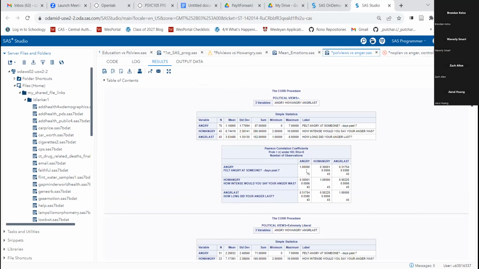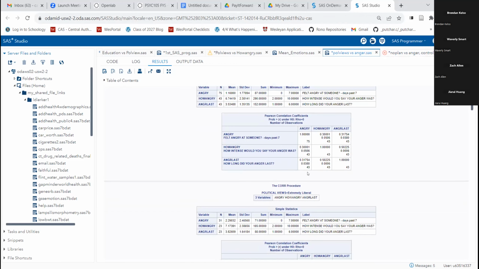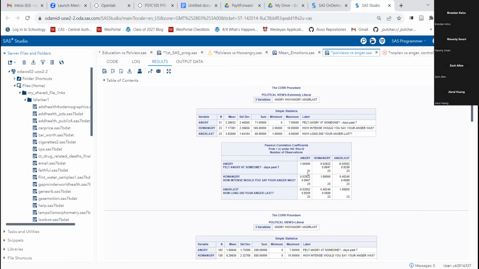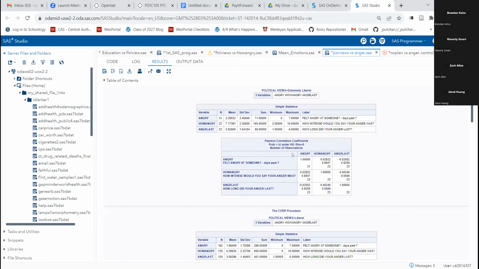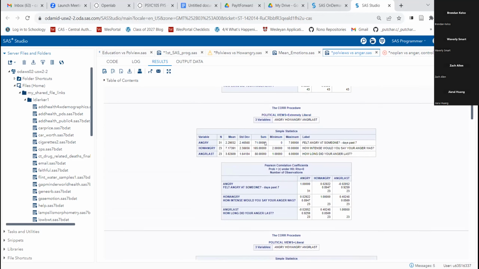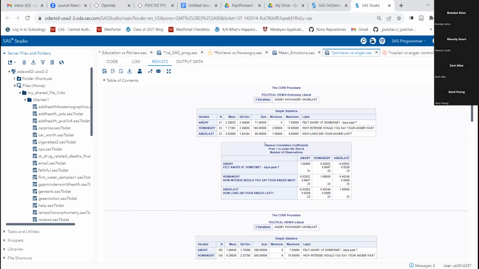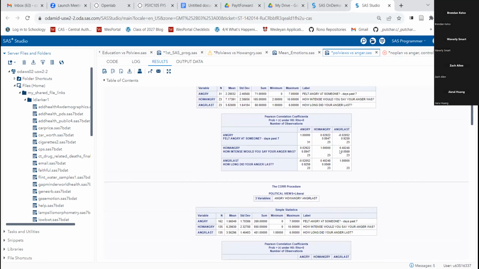So the first is the ones that didn't answer that question. Then this was for extremely liberal. So are these angry variables related for some political groups and not others? There wasn't much correlation. Okay.